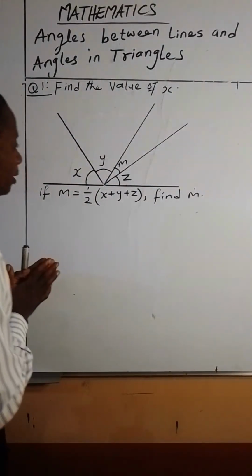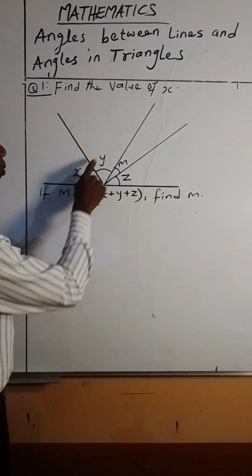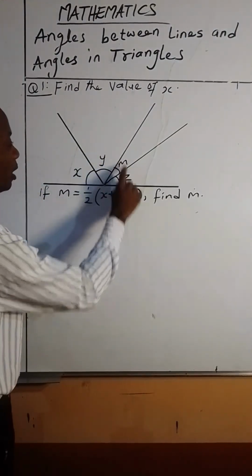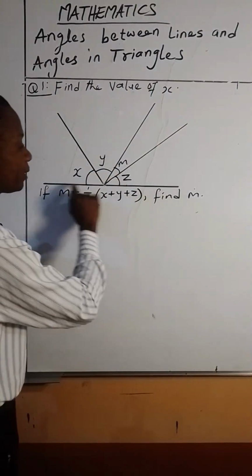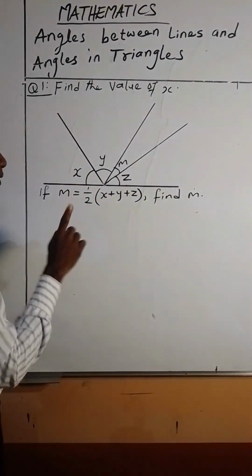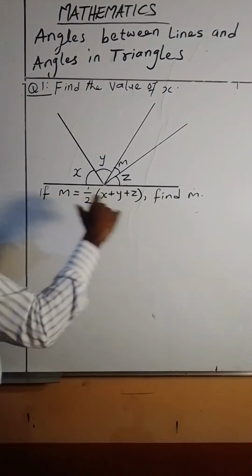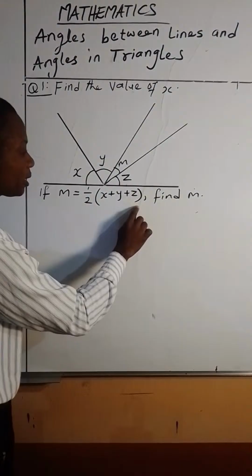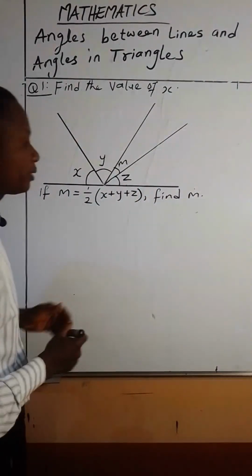First, we are aware that x plus y plus m plus z, all of them, when added, is equal to 180 degrees. So in the place of m, in that equation 1, replace it with this, then we can solve and get our answers.